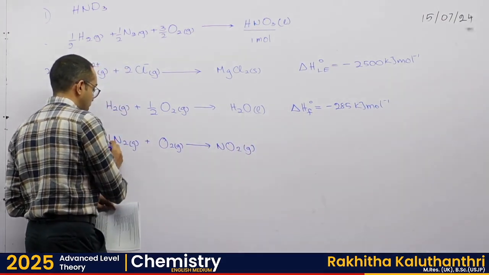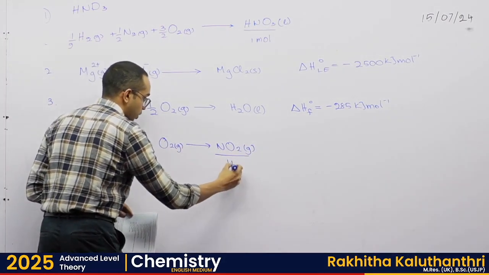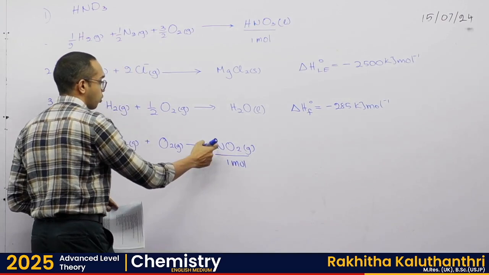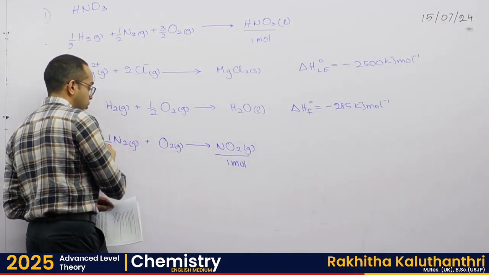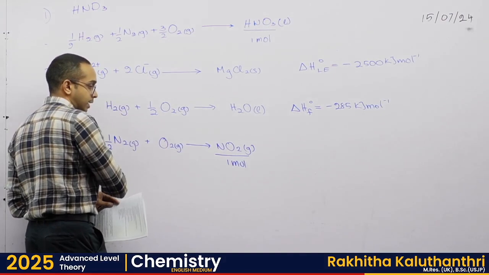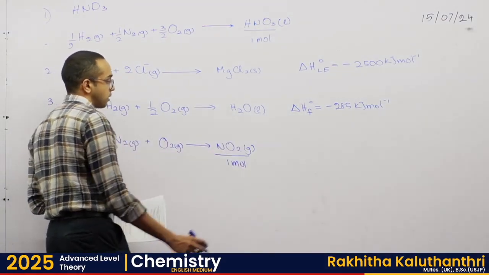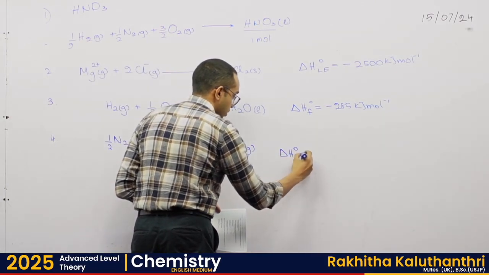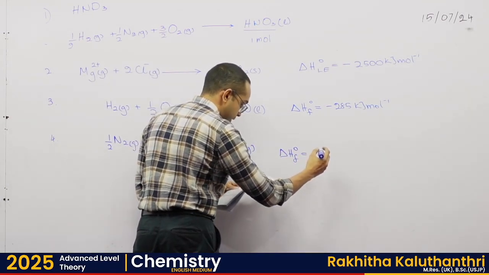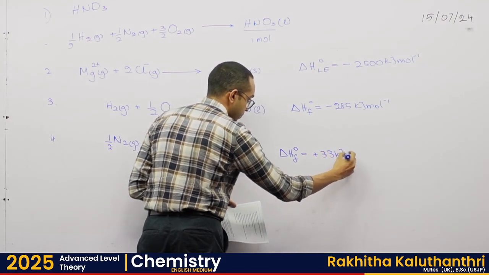So when you're balancing it, you have to add a half in front, and we are, again, like I told you, trying to form only 1 mole of this. That means the coefficient should be 1. So when you're balancing, you change the coefficient of the left hand side reactants, not the product that is formed. So delta HF formation of nitrogen dioxide happens to be plus 33 kilojoules per mole.